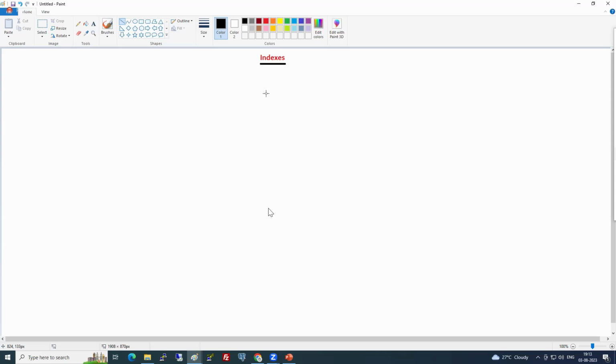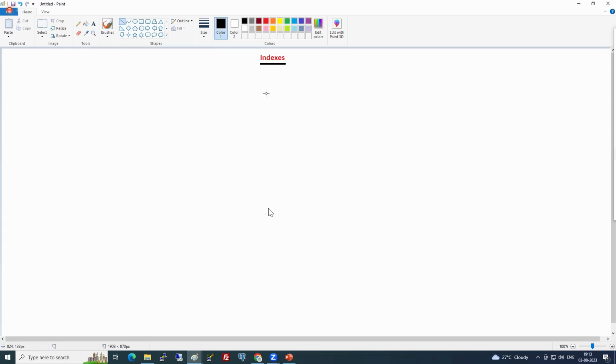But how about in a database? In a database, you might have millions of records, but how do you read it? In a book, if you have an index page and want to go to a particular exercise or chapter, you see the page number and directly go there. It saves a lot of time and the performance is super high.